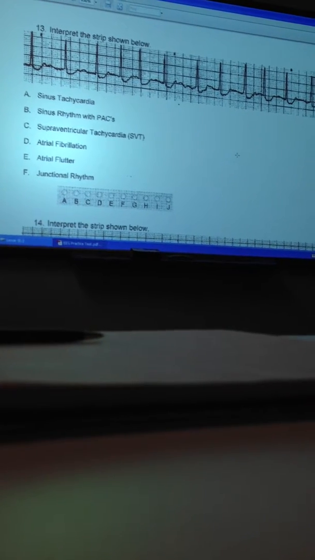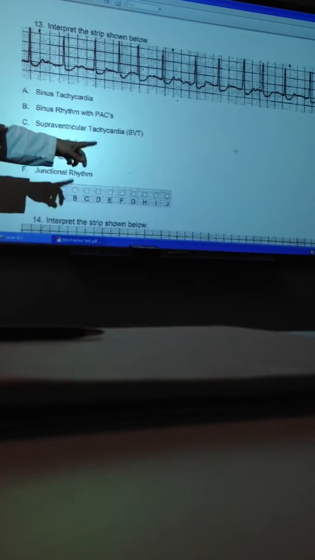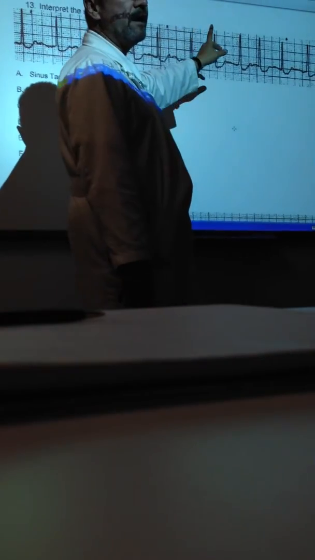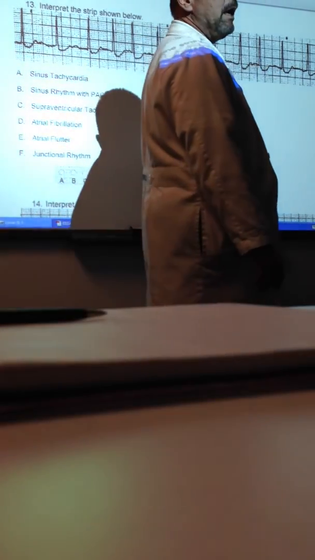Did I see flutter? No, throw that one out. Junctional? No, it's irregular. So let's go back to the parking lot. It's atrial fibrillation. Why? It's irregular, there are no P waves, and you've got fibrillatory waves in here. The defining characteristics: irregular rhythm, no P waves.